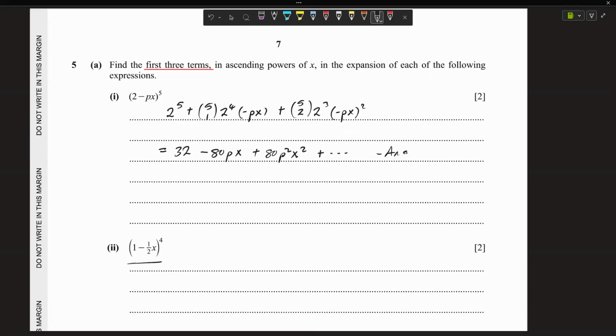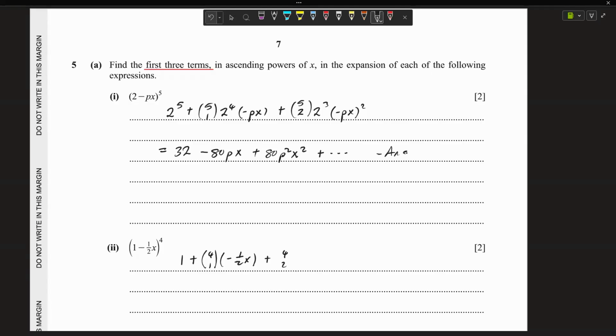We do the binomial expansion here. So that's 1 plus 4 choose 1 of negative a half of x, which is 4, right?